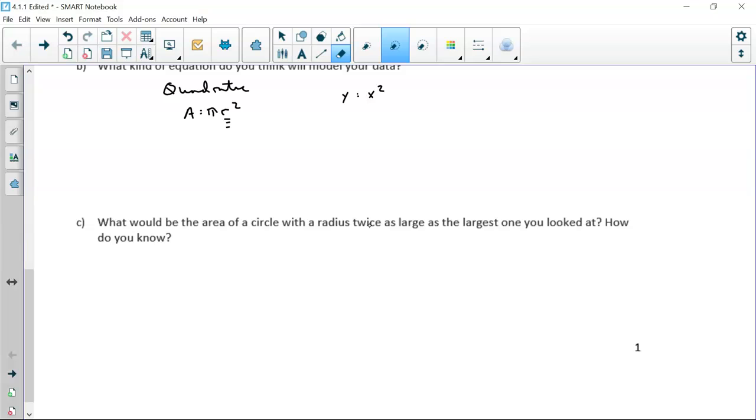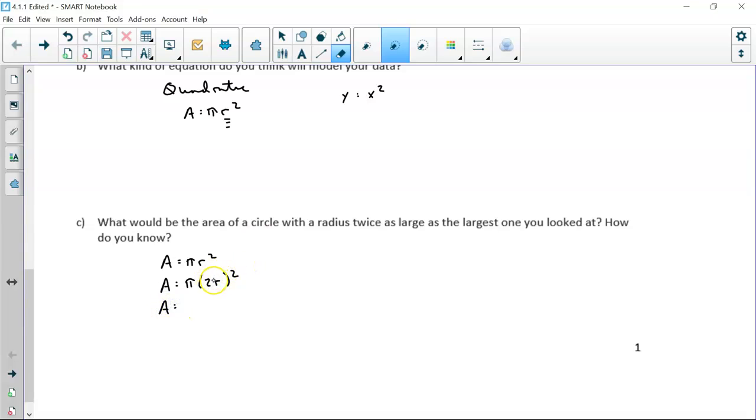What would the area of a circle with a radius twice as large look like? If the radius is twice as large, it's not just going to double the area. Remember, area is pi r squared. So if we double our radius, it's pi times 2r squared.